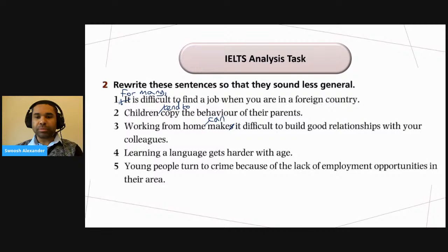Okay. Moving on to number 4. So "learning a language gets harder with age." Now let's use one of the other expressions which we saw earlier in the class. This is where we could use "generally speaking."